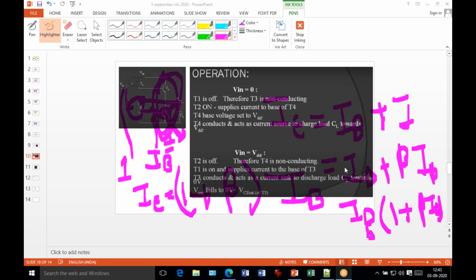The complexity is high, but we compromise because the output node switching speed is very good and the driving capability is very good. That's why this technology is adopted by all the semiconductor industry.